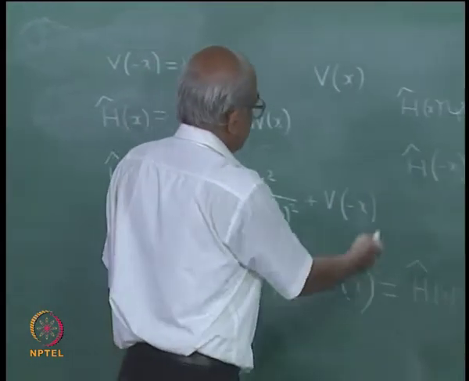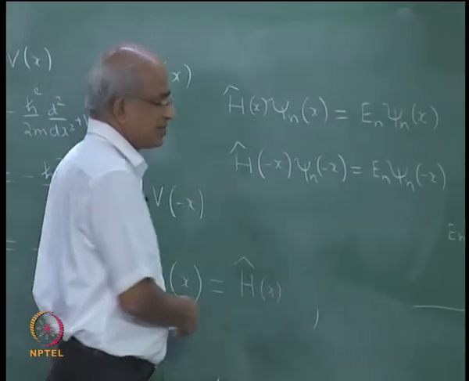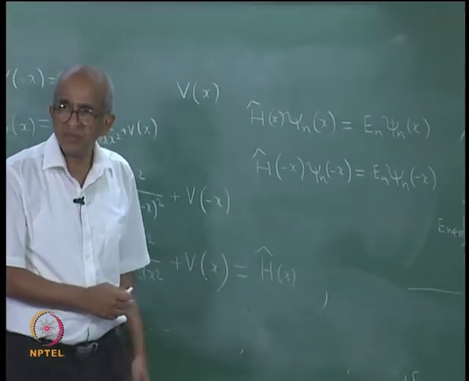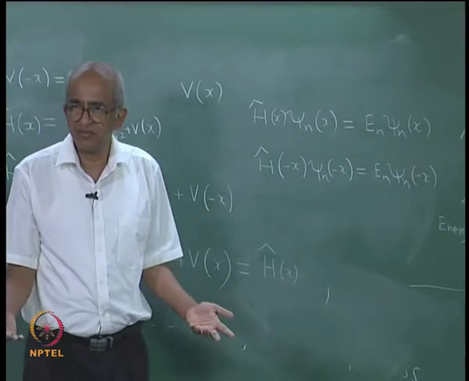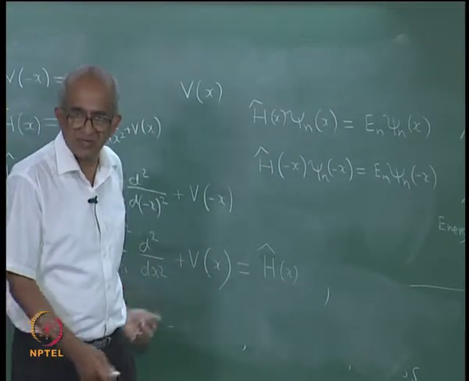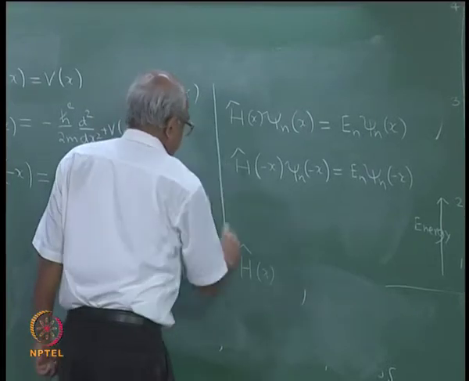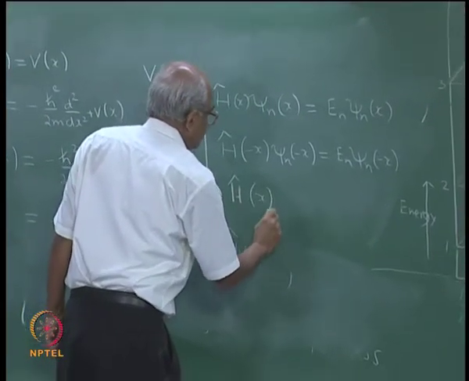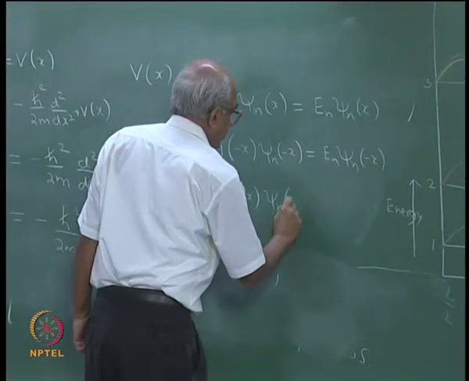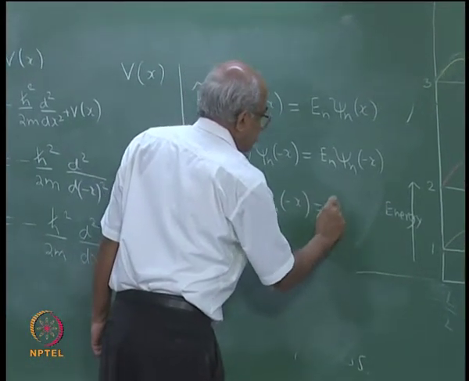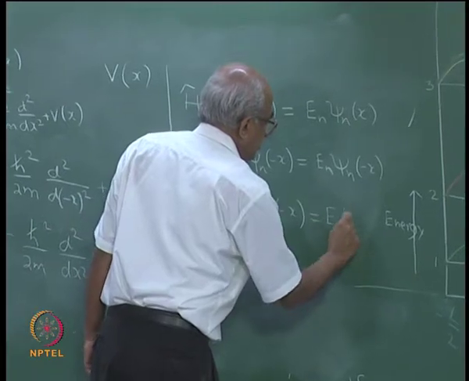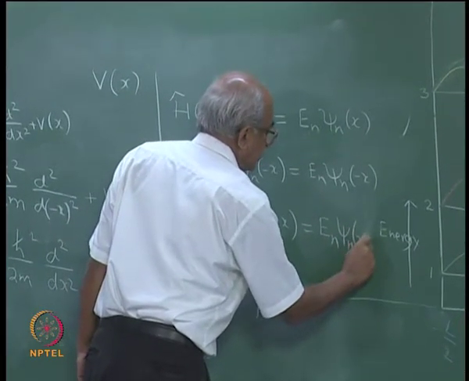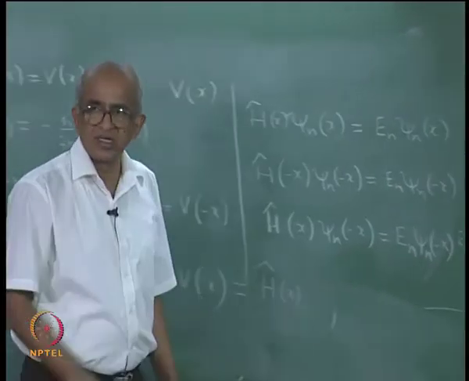But I know that I have a situation where h of minus x is h of x itself. That is what we are thinking of. So, h of x operating upon psi n of minus x is equal to E n psi n of minus x. That is the result that I am getting now.